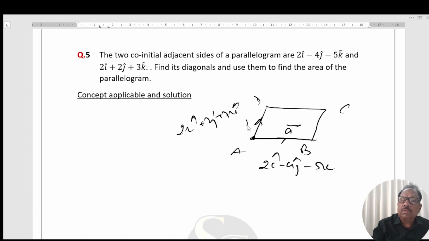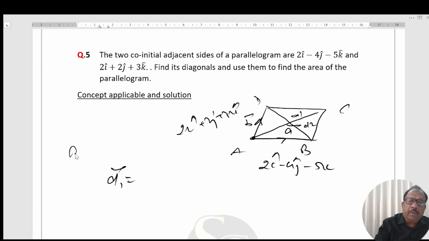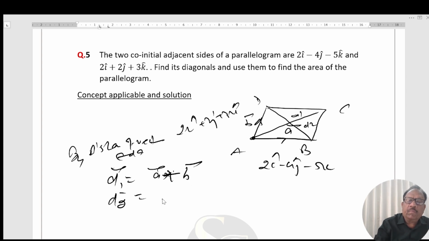So this vector is A, this vector is B. Diagonal D1, by triangle's law of vector addition, D1 comes out to be A plus B, and D2 comes out to be A minus B, or you can say B minus A, right?